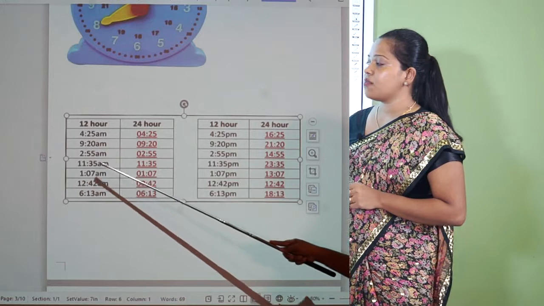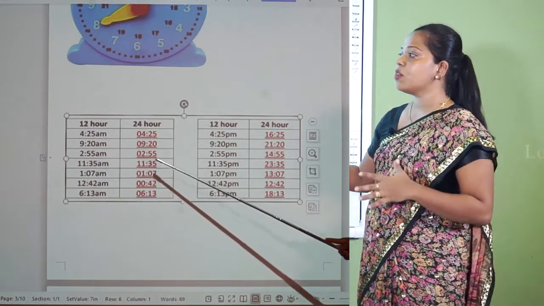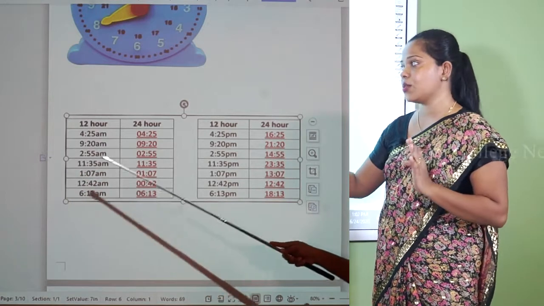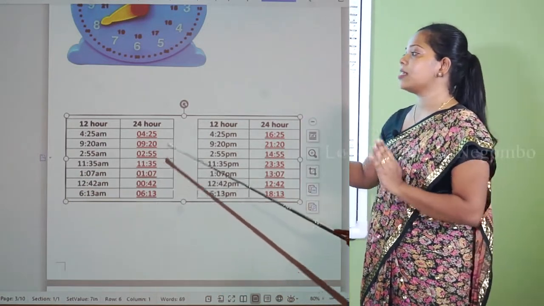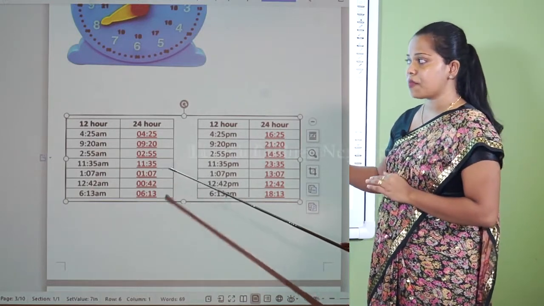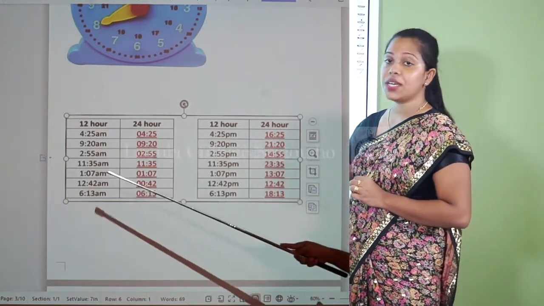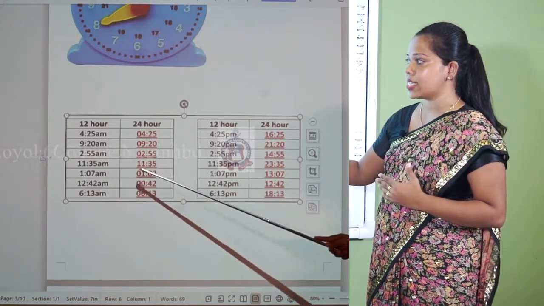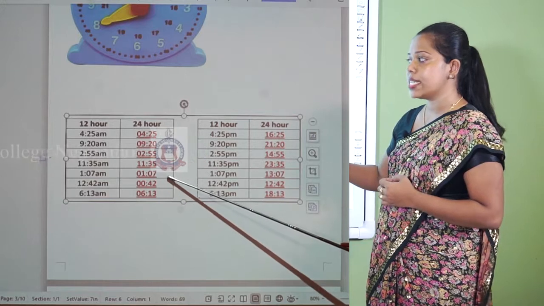Here 11:35 AM, of course we can write the same way because you can see there are 4 digits. So the same way we can write in this column also, that is 11:35. Here 1:07 AM, yes, that also we need to add 0, that is 01:07.